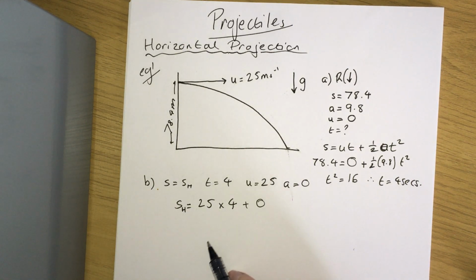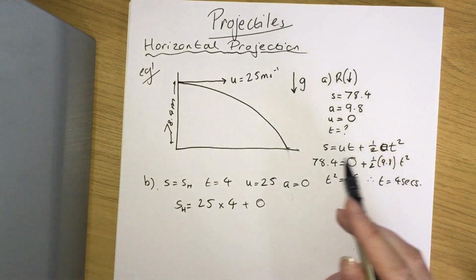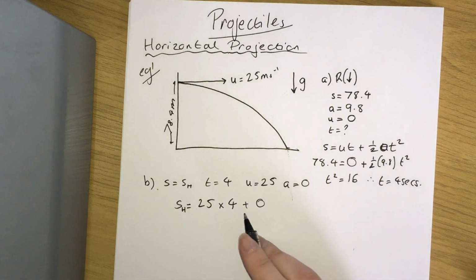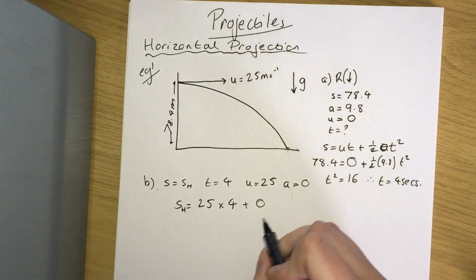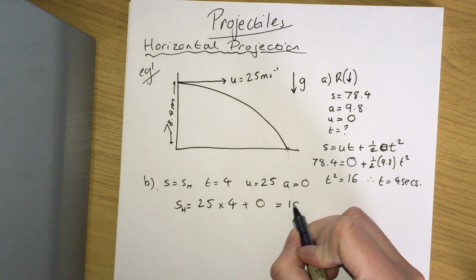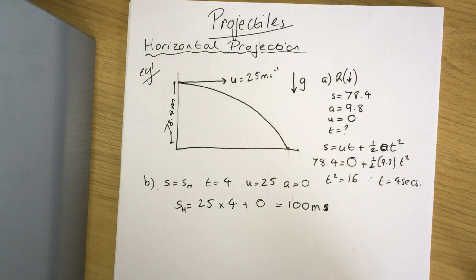So rather than trying to remember s equals ut all the time, you can just use that formula and know that because a is 0, that part will be 0. I probably won't do this for the later questions, but for now, it was just to show you that. So therefore, the horizontal displacement is 100 metres. Pretty straightforward substitutions, I think.